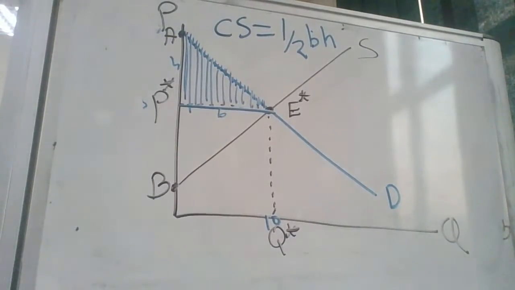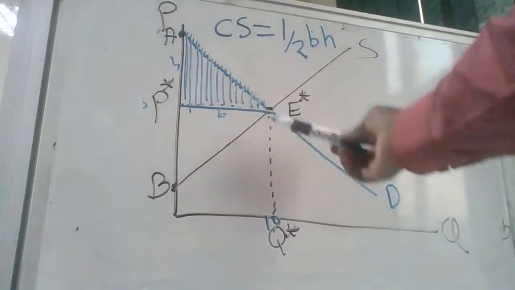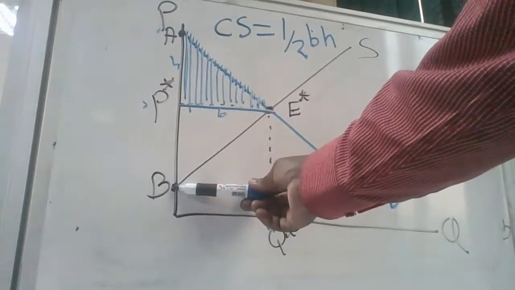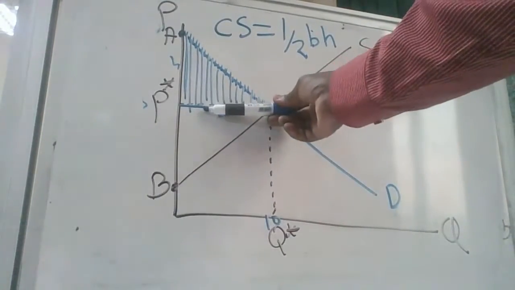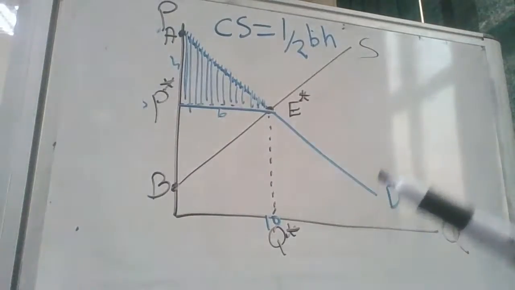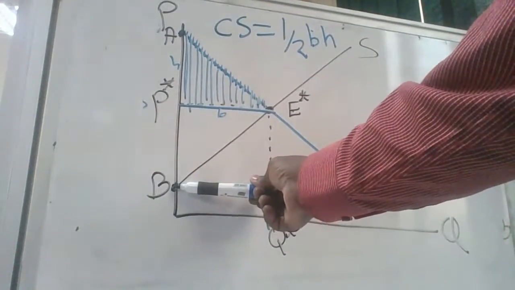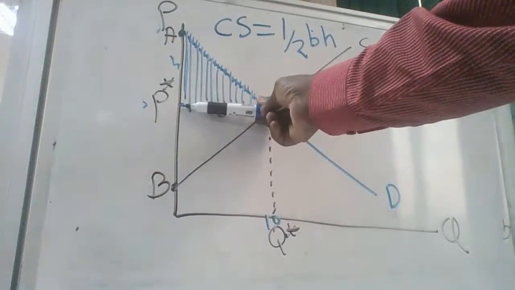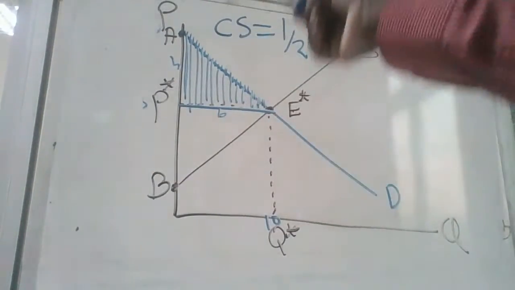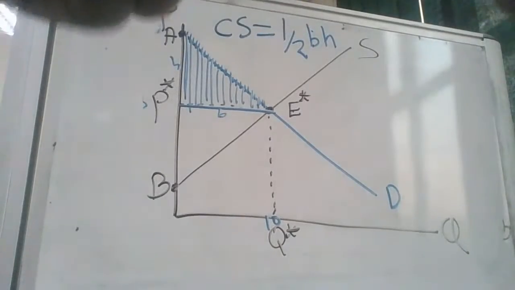So producers are willing to accept a price up to B, but they actually get a higher price P. Therefore, the difference between what producers are willing to accept for an item and what they actually get from the market gives them the producer surplus.